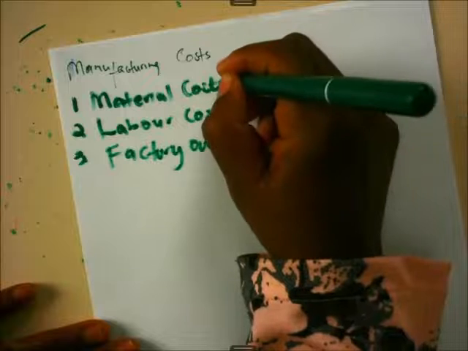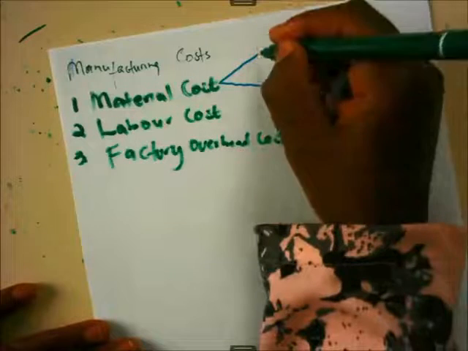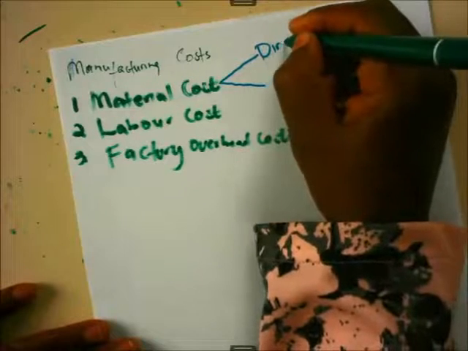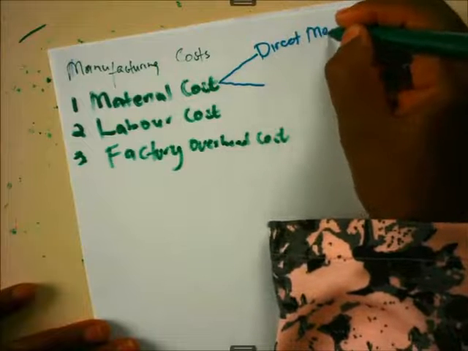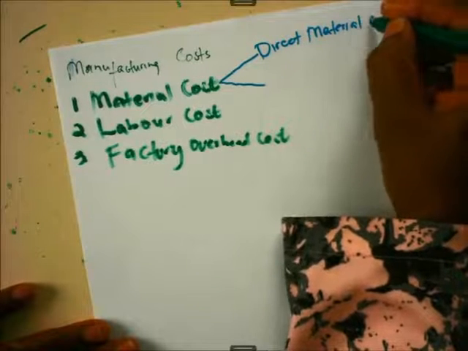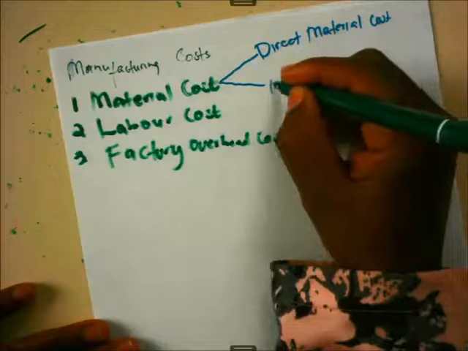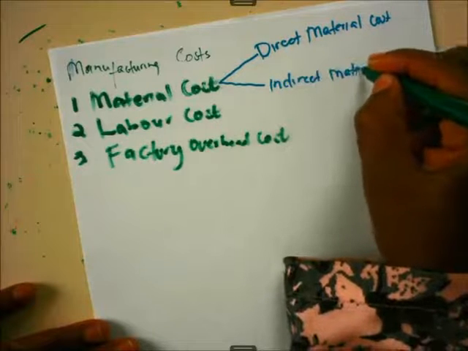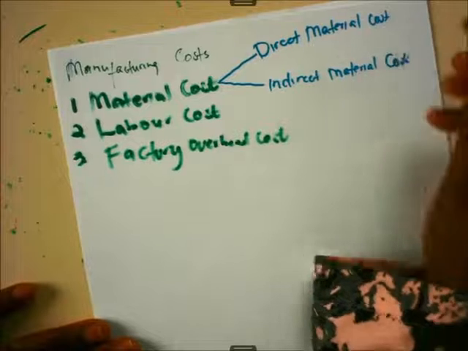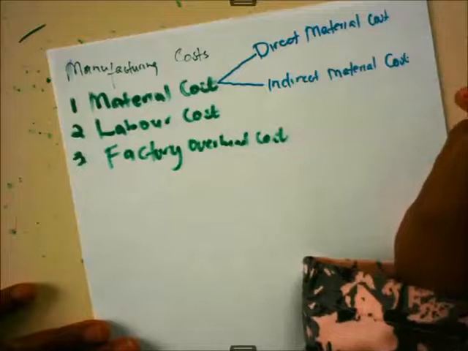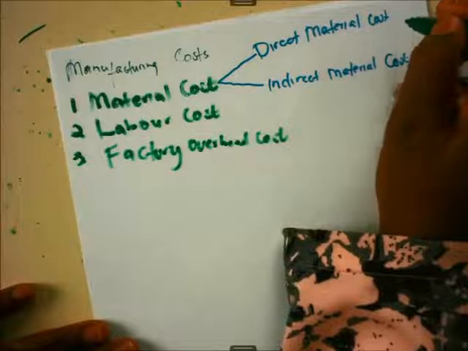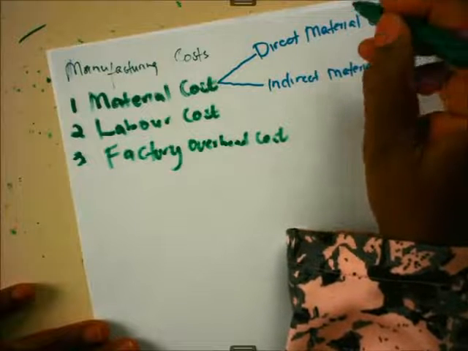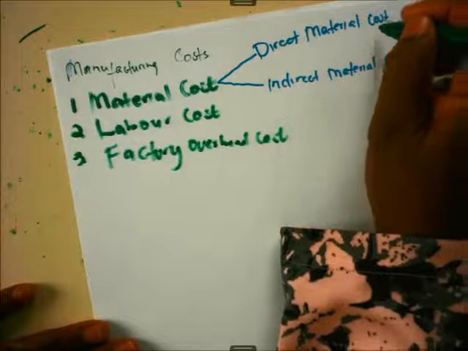This is subdivided into 2: the direct material cost and indirect material cost. What is the difference between these two? The direct material costs are the costs that are involved directly in the production process.